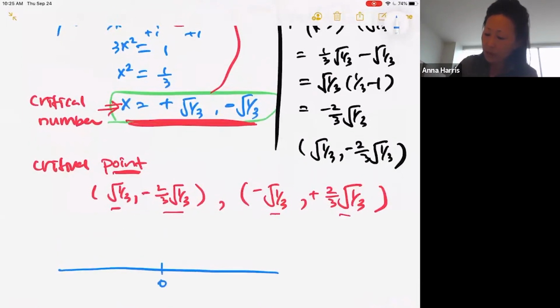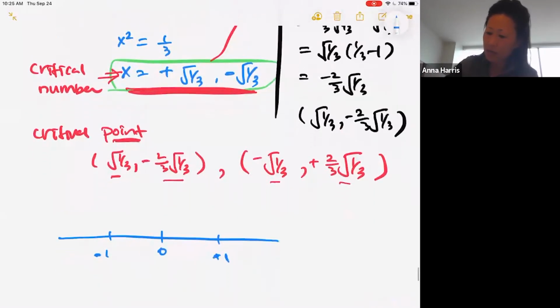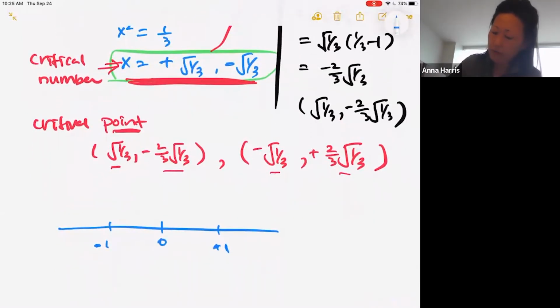So this is 0, this is 1, this is negative 1, and the square root of 1/3 should be maybe over here. And here is negative square root of 1/3.